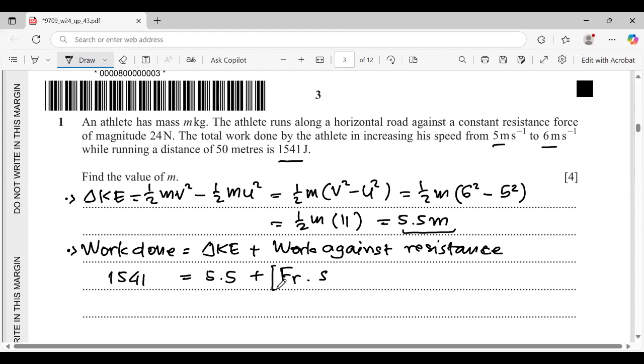Fr is the resistance force, which according to this information is 24, and s is the distance, which is 50 meters.